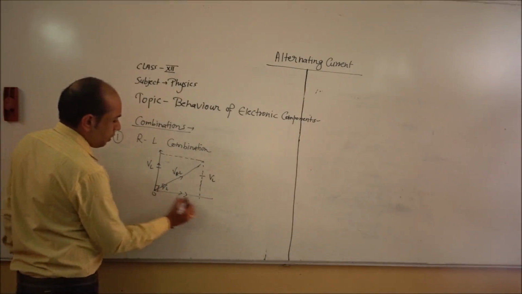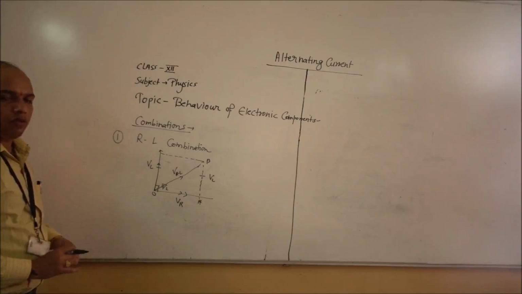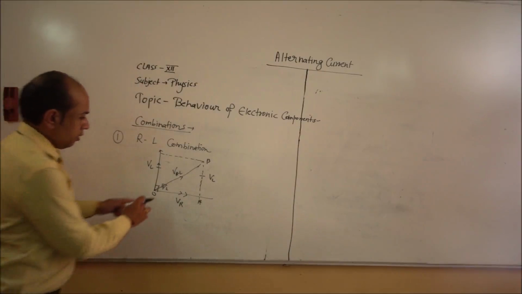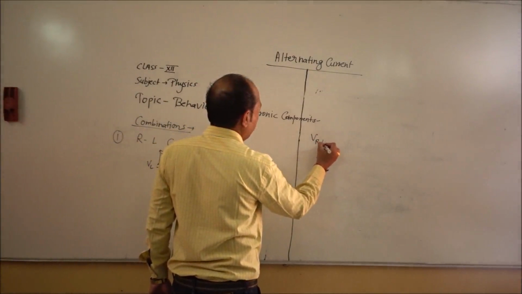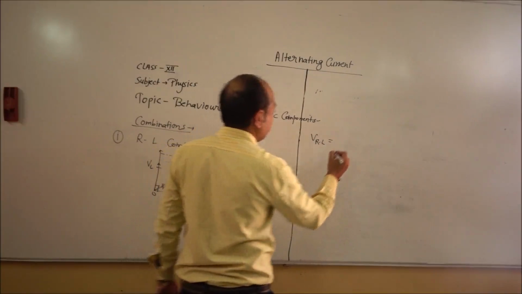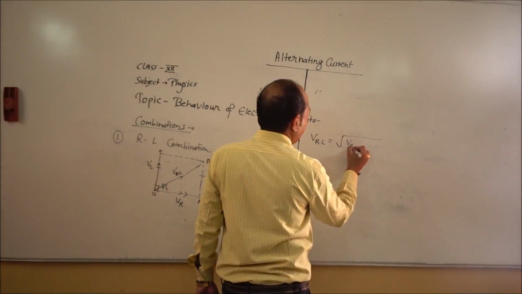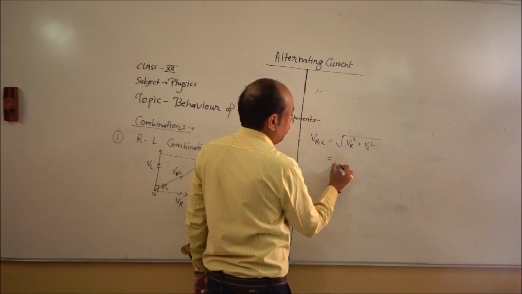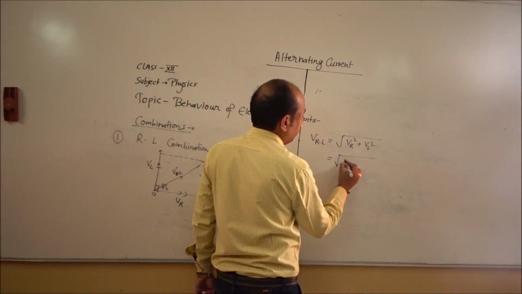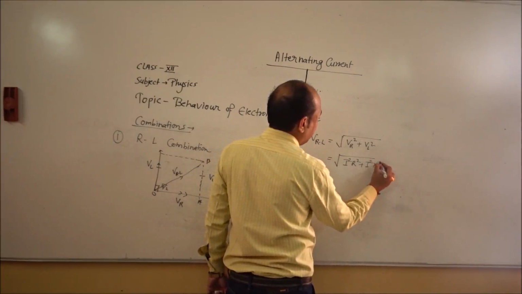Now we use the Pythagoras theorem to find out how much resistance is offered by the circuit. So according to the Pythagoras theorem, VRL equals under root of VR square plus VL square. Now VR is written as I square R square, I square XL square.